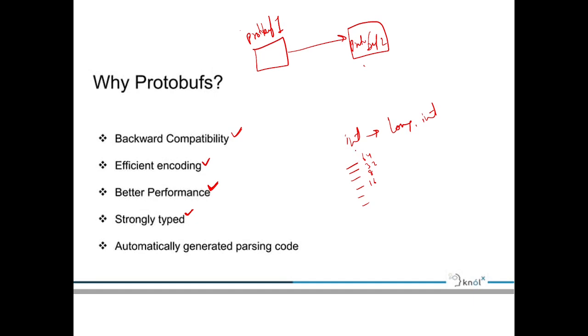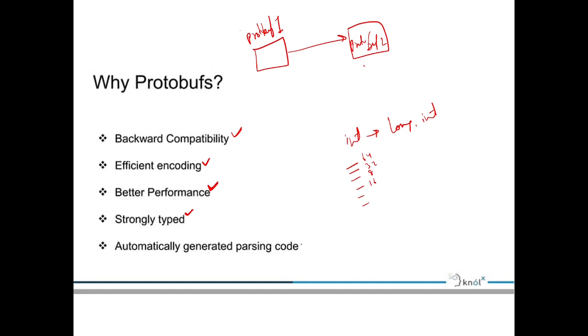If you are specific with this data, it is much easier to encode it. If we don't require a higher value, we can use a lower one, through which it becomes efficient, with better performance and strong typing.